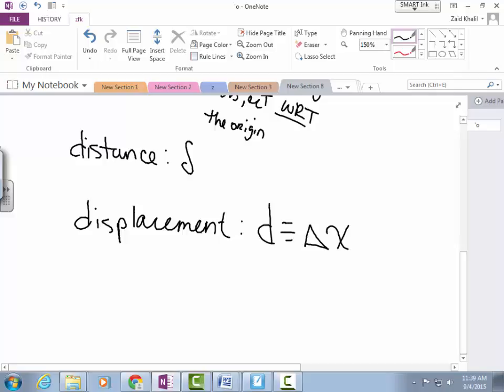And what does delta mean? The change in. And what does that mean? By definition, that means that there must be some final position and some initial position, called xf minus xi, where f stands for final and i stands for initial.